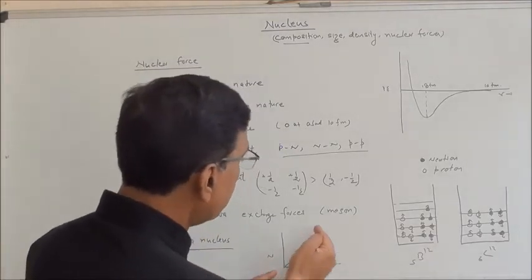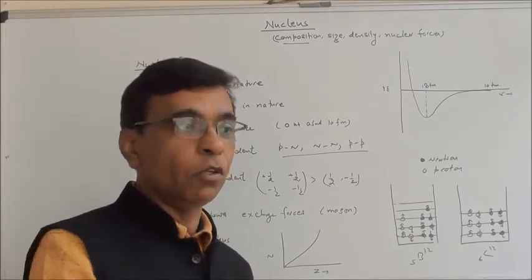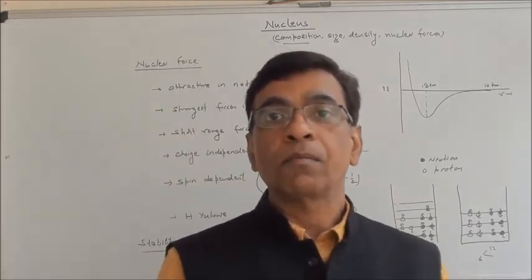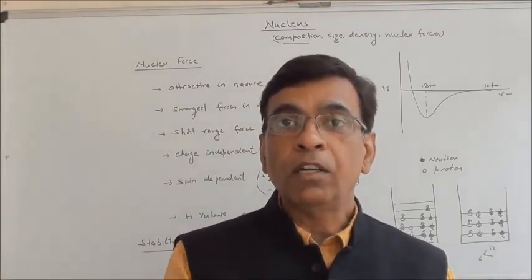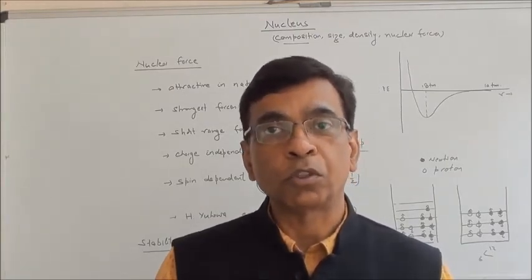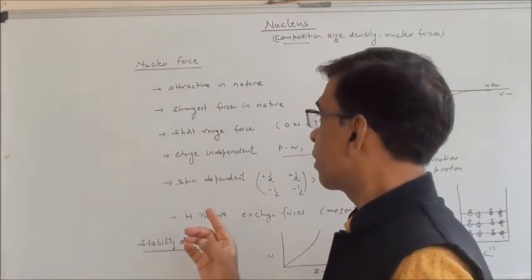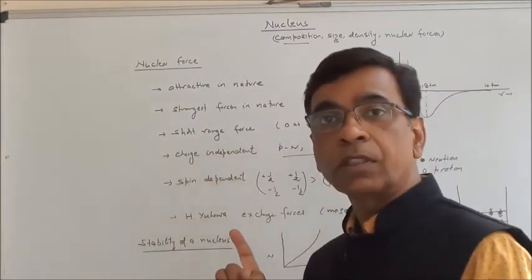But as the number keeps increasing, if we take a heavy nucleus, that nucleus cannot be stable with equal numbers of neutrons and protons, because of the nature of nuclear forces. They are short range forces.